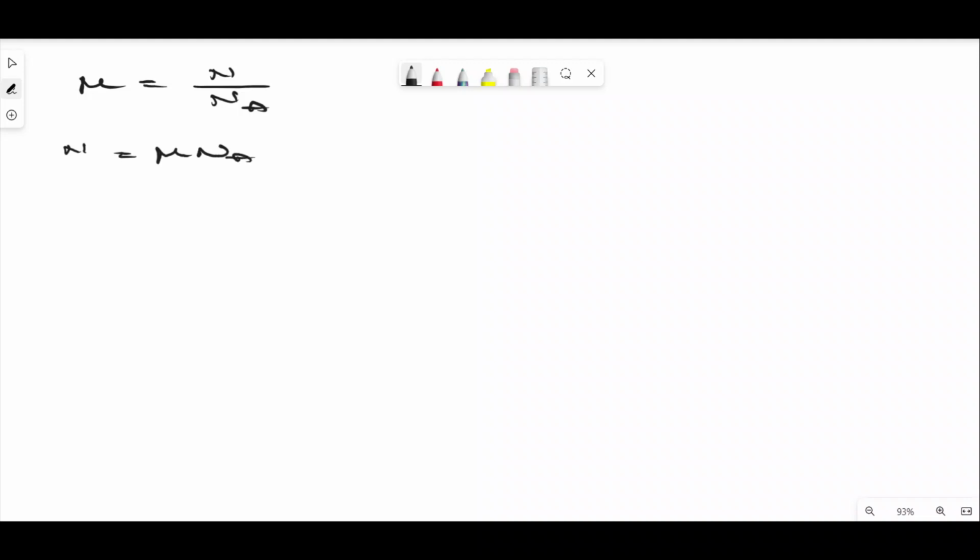So based on that we can represent it as N equals mu into N suffix A. Suppose we consider 1 mole of gas, mu equals 1 mole, then N is equal to 1 into N suffix A. So N is equal to N suffix A in the case of 1 mole of a gas.